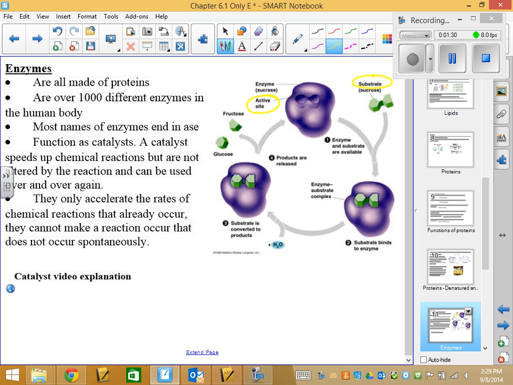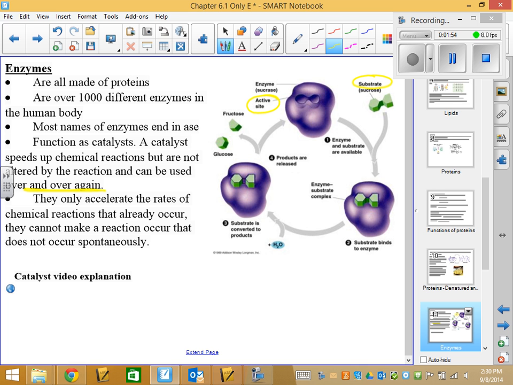A couple of things that I want to point out because they're really important is that you can use an enzyme over and over and over again. It's not actually being used up by the reaction. As soon as it's done helping sucrose molecule number 1 and water molecule number 1 react, it can move on to the next thing.